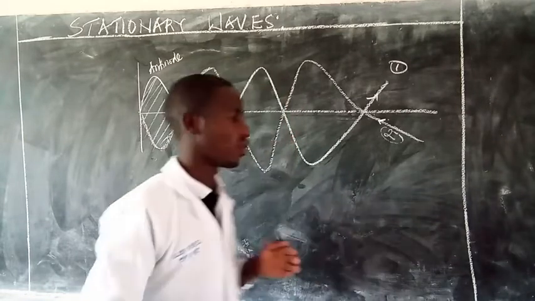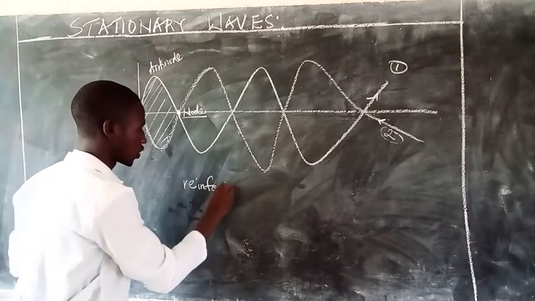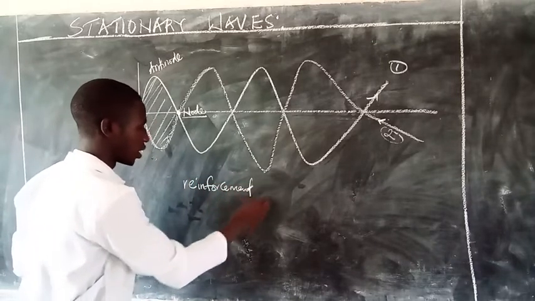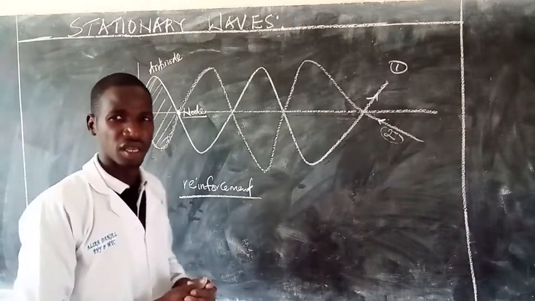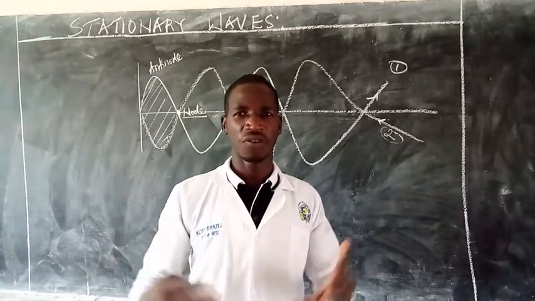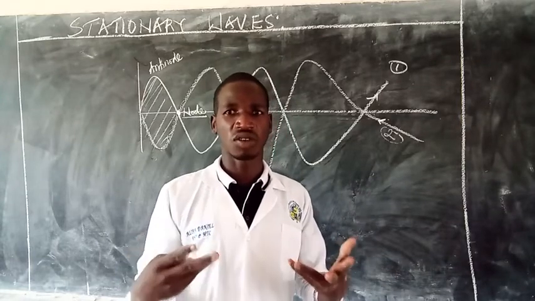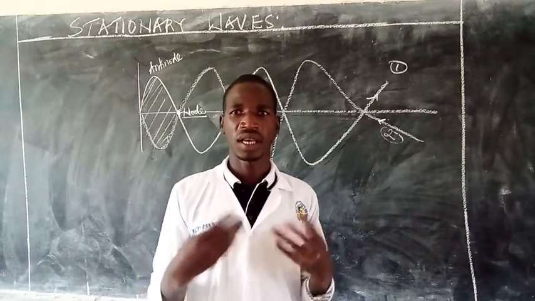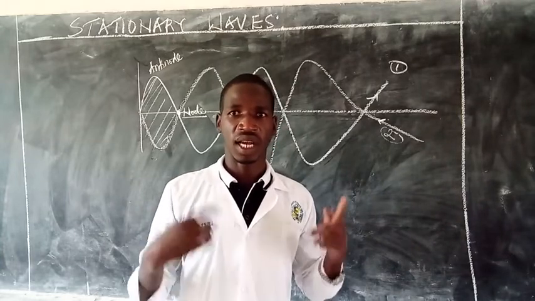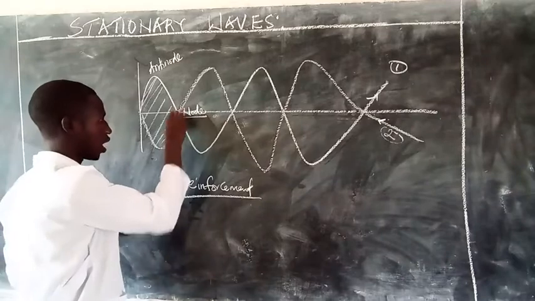There we say that there is reinforcement taking place, and so there will be maximum displacement. What if they meet out of phase? That possibility is also there. When they meet out of phase, there is always cancellation. So the cancellation leads to the formation of a node.